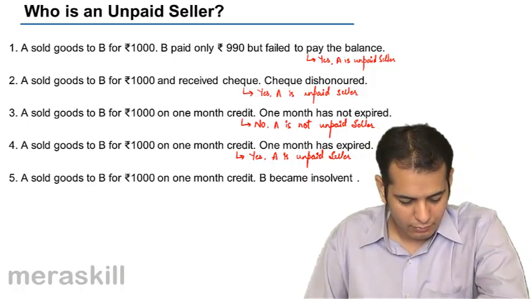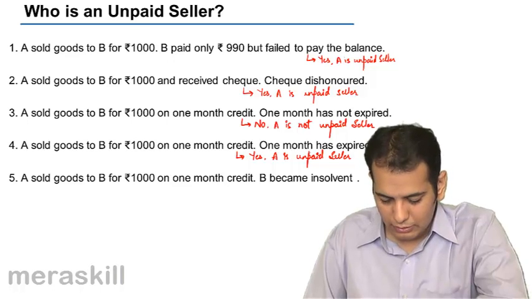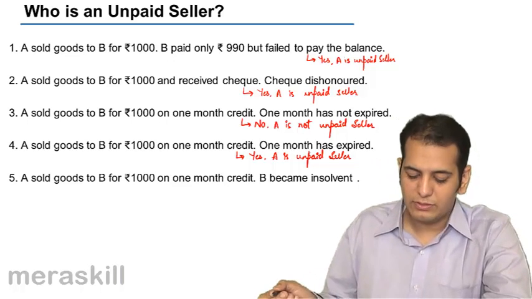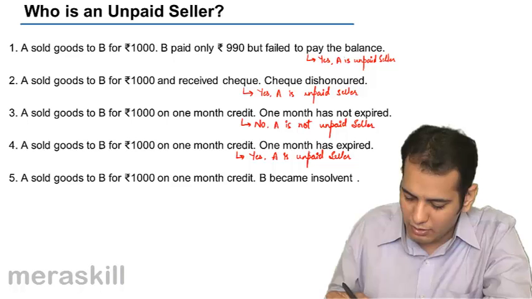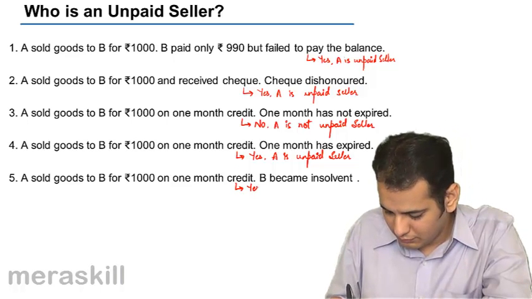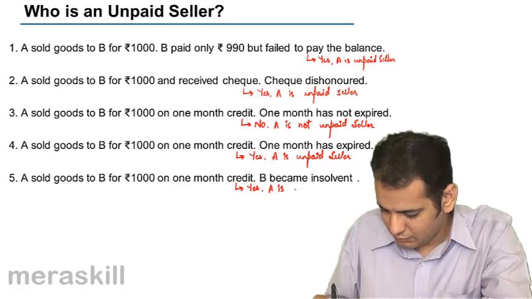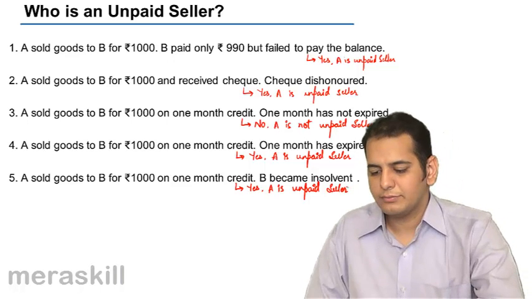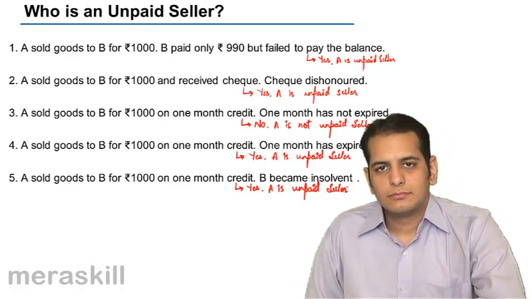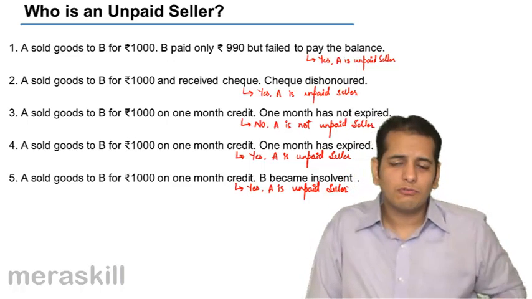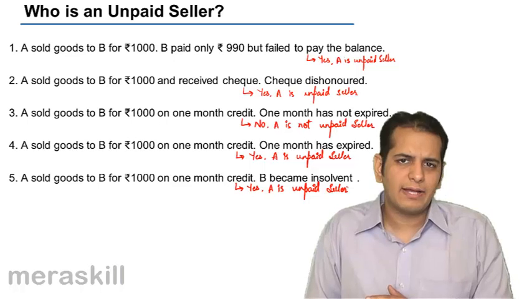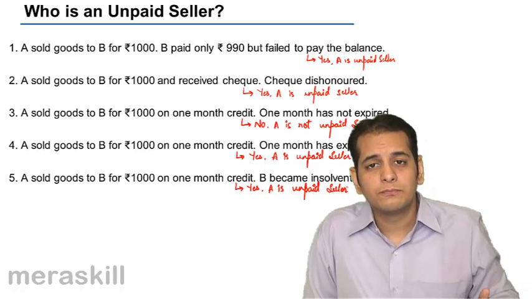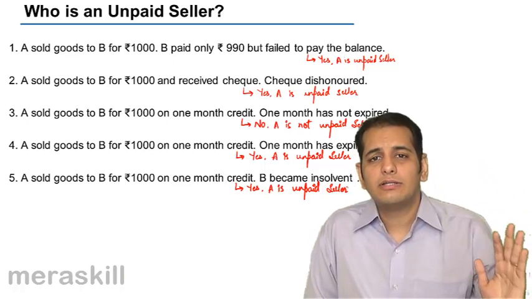Next. A sold goods to B for 1000 on 1 month credit and B became insolvent. Now, if he is insolvent, A is not going to get his money, so he becomes an unpaid seller. Now, please remember, when the buyer becomes insolvent, irrespective of the fact that he has credit period left or not, the seller will be called the unpaid seller.